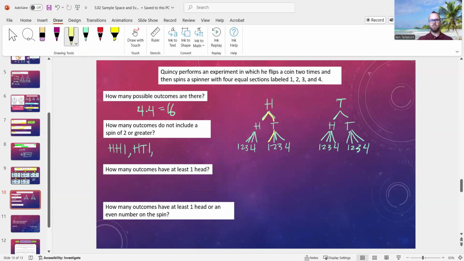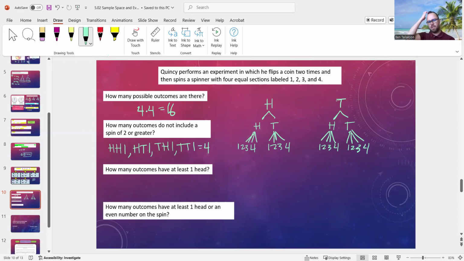So I'll just keep these drawn out for the moment. Heads, heads, 1. Heads, tails, 1. What else? Tails, heads, 1. Tails, tails, 1. Right? So every path that ends in 1. That's essentially what we're doing. That is 4 outcomes.